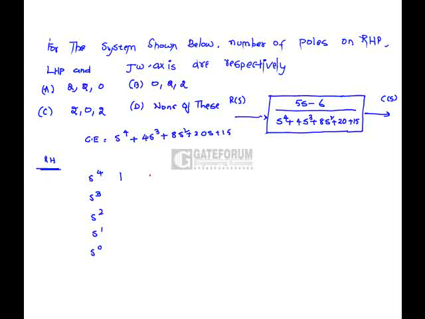This is 1, 8, 15. Here 4, 20, 0. That is 32 minus 20 divided by 4, 0, 0. This is 20.